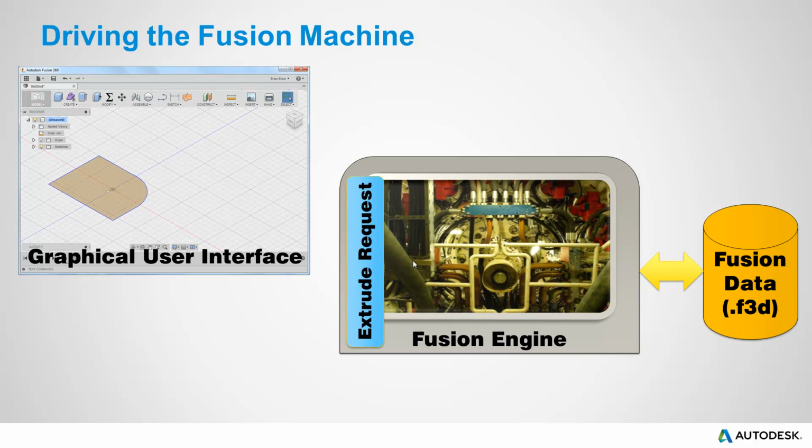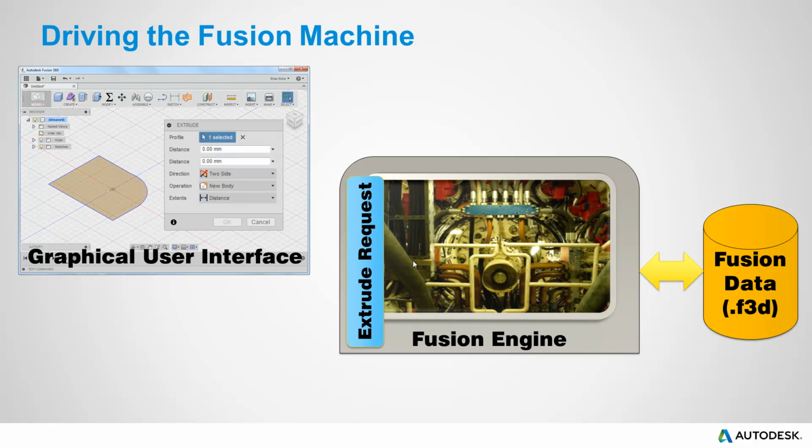Now when I want to create more data, for example an extrude, I run the extrude command, and that brings up a dialog. The dialog guides the user through the required input to create an extrusion. He picks the profile, says what kind of operation he wants, and what the extents of the extrude are. So he defines all of that required information.